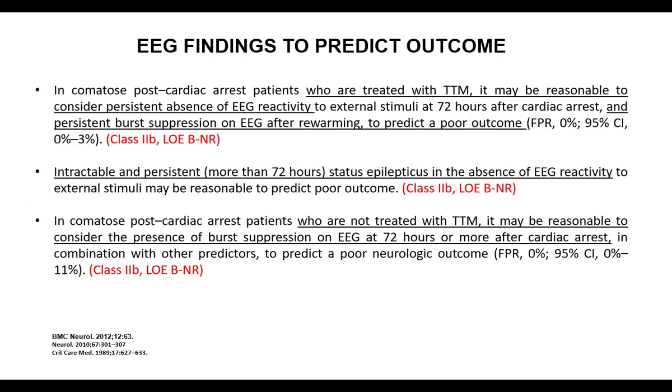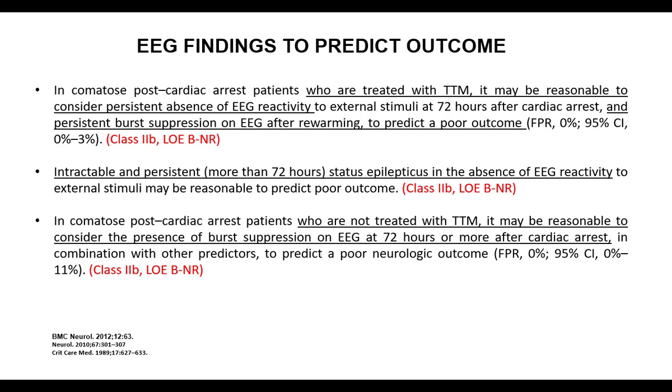Then what are you going to get in EEG? If you are looking at the EEG, what are the things you will see? In those treated with targeted temperature management, it may be reasonable to consider absence of EEG reactivity. If you see it, obviously that has to be there. And then there is a persistent burst suppression of EEG after rewarming. So once you rewarm, if you see a persistent burst suppression, it carries a class 2B recommendation.